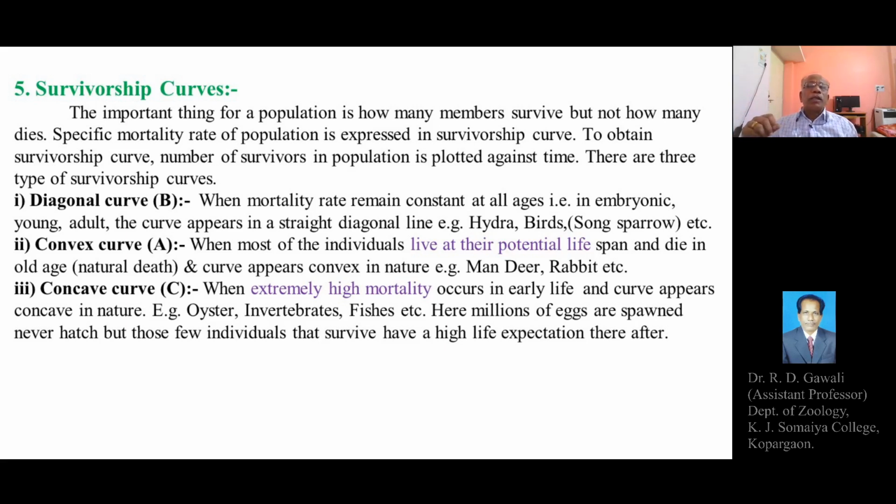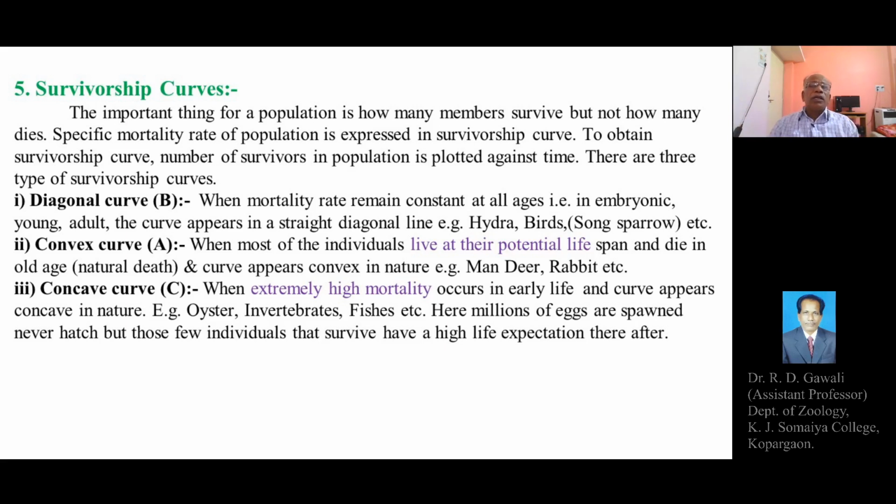So the specific mortality rate of the population is expressed in a survivorship curve. To obtain the survivorship curve, the number of survivors in a population is plotted on the y-axis against the time on the x-axis.